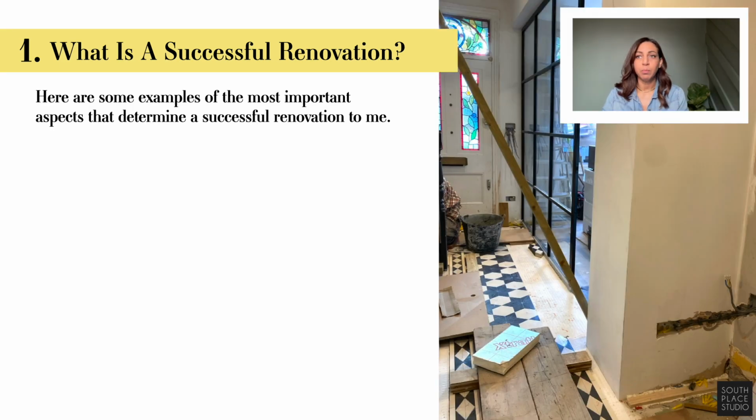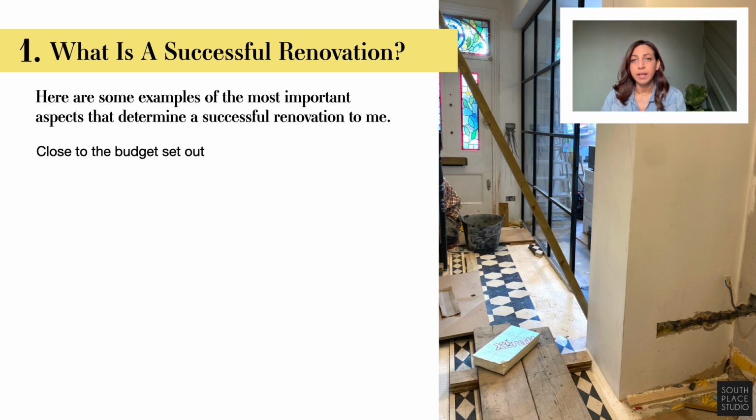So to give you some more examples, here are some things that I find mean a successful renovation to me. Depending on the project, if I'm working with a client or for myself, these are the things that I really try and achieve. It would be as close to the budget set out as possible.